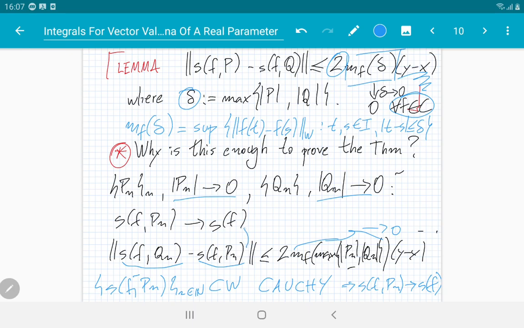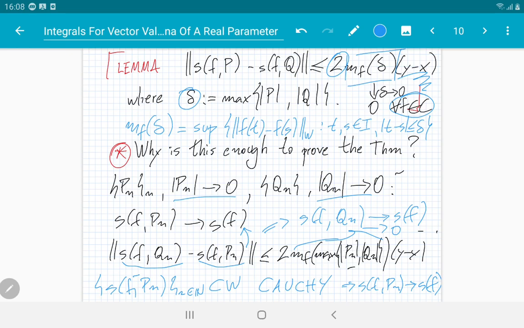Now, we know this converges to S of f. So it's easy to deduce from this that S_f q sub n converges to the same limit. I just write, well, the distance between the Riemann sum for q sub n and S f is at most the distance between the Riemann sum for p sub n and S f plus the distance between the Riemann sums for q sub n and p sub n. And this shows that the distance goes to 0.